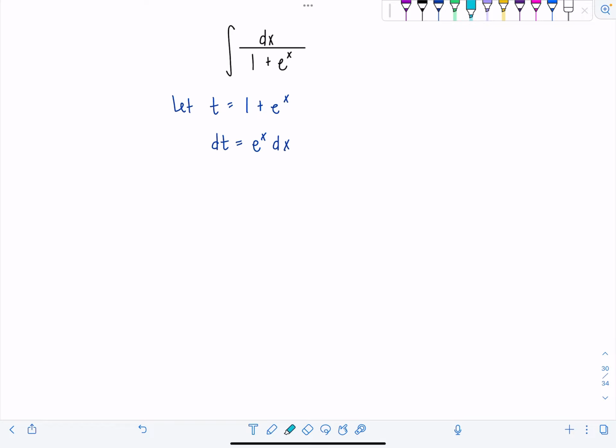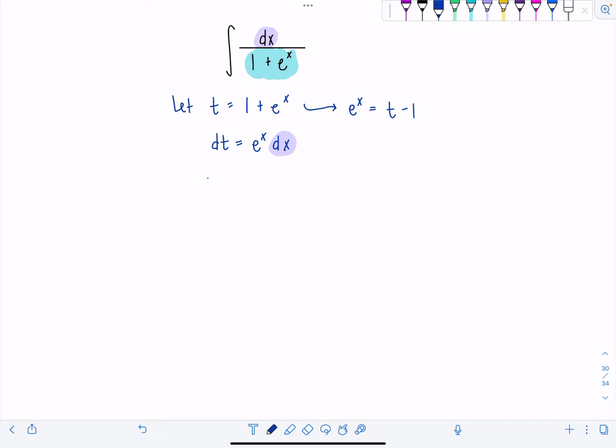So let's check what's going on. 1 plus e to the x, that's going to be t. But what about this dx? I need that in terms of t as well. So notice here, I can solve for e to the x. e to the x is equal to t minus 1.